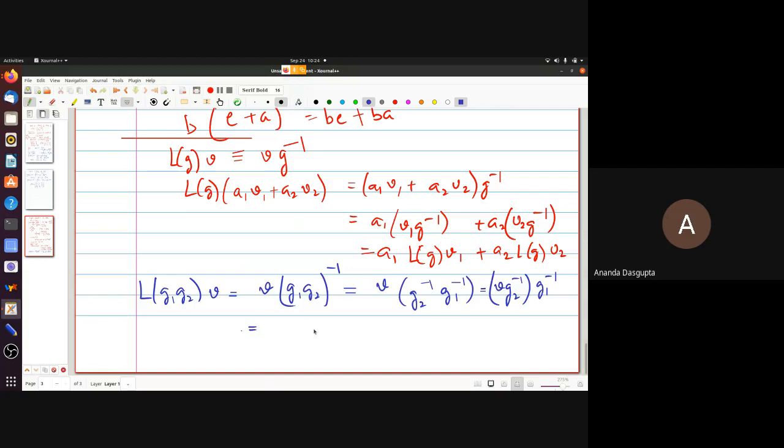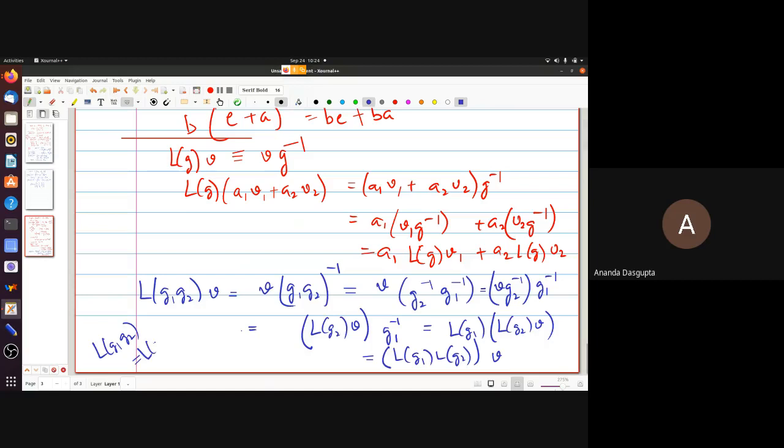And what's V G2 inverse? That's really LG2 V. This hit with a G1 inverse. But that's LG1 hitting LG2 V. But that's the same as LG1 LG2. That by definition is LG1 LG2, right? The product of two operations is doing one after the other. So we immediately get this all-important result that L of G1 G2 has to be LG1 LG2.